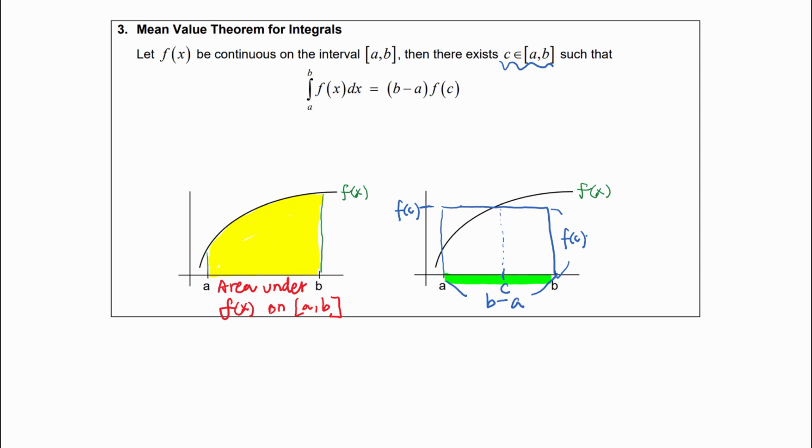But look at what the mean value theorem for integrals is saying, that these two are equal.